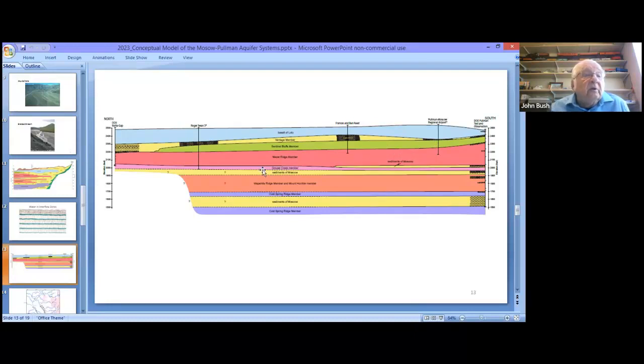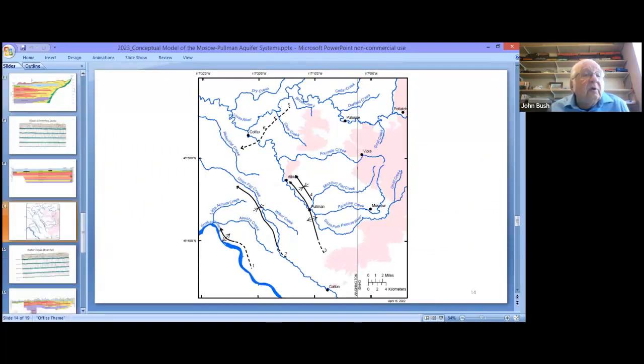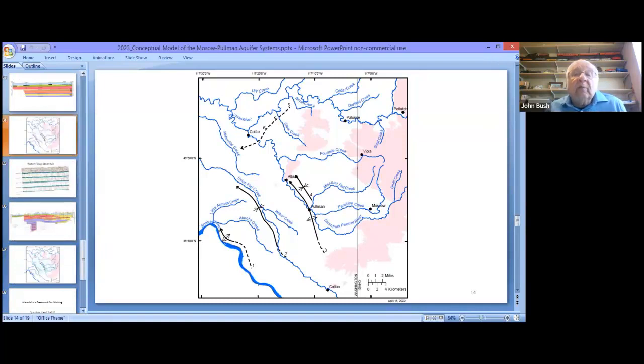And what happens when we get to Pullman, however, is that some things change. And let me move my charts up over here. We can look at the surface drainage, and we notice easily most of the drainages are trying to be east-west, trying to flow out of what we call the Moscow-Pullman Basin.